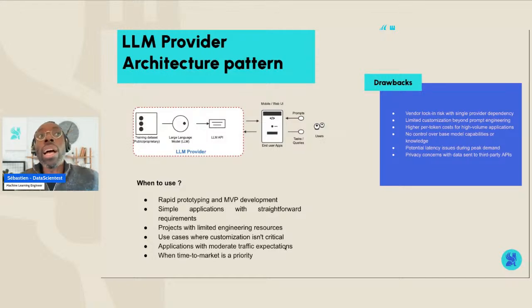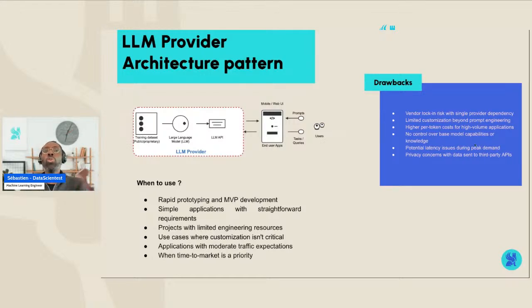But this pattern has some drawbacks also. First of all, there is what is called vendor lock-in. When you have created the whole logic of your application based on the OpenAI API style, and sometime later you want to change the provider, you may have to refactor a huge amount of your code. This could be a problem. There is also limited customization beyond prompt engineering.